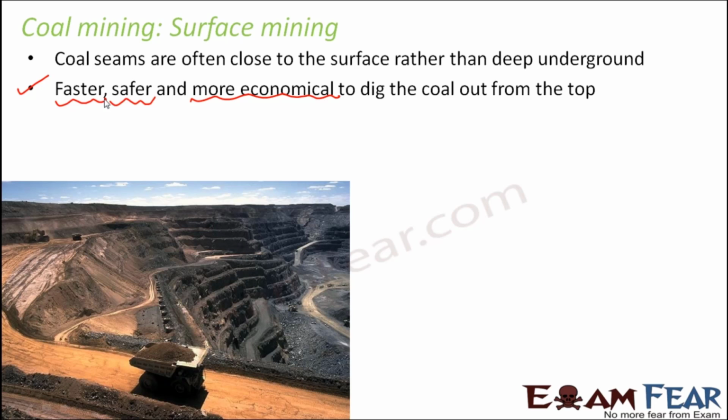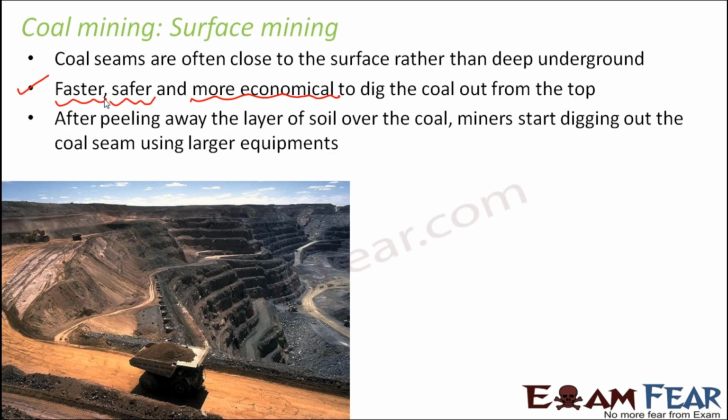But the only disadvantage, I would say, associated with this is that it will not work if the coal seams are present very deep inside the earth, because in that case it is a little difficult to bring it to the surface directly. After peeling away the layer of soil over the coal, miners start digging out the coal seam using large equipment.